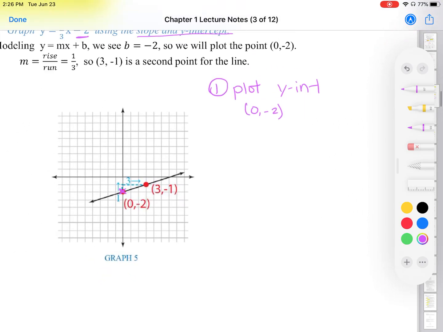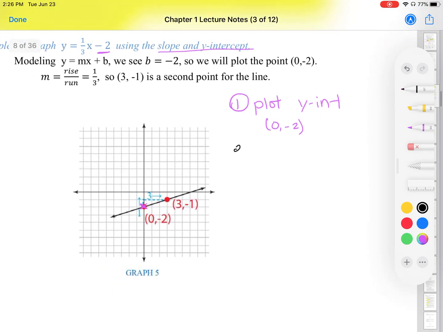All right, now I want to use my slope. My slope is 1/3. Remember, rise over run. I have a positive 1, so I'll go up 1. I have a positive 3, so I'll go right 3. So up 1, right 3.